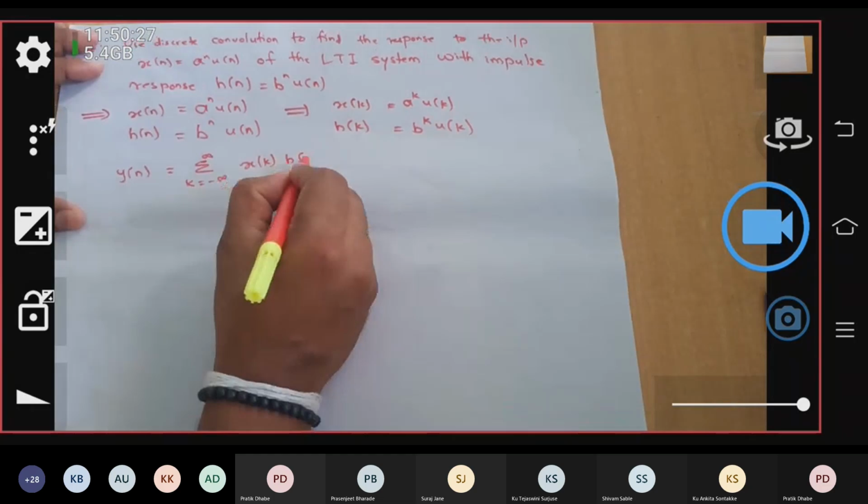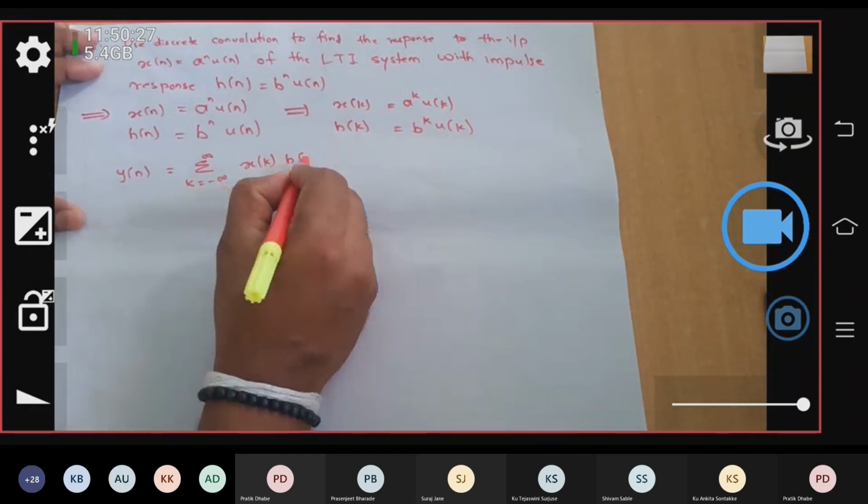Therefore you will get y of n equals summation k from minus infinity to infinity a raised to k u of k into b raised to n minus k u of n minus k. Simplifying this further, y of n equals summation k from minus infinity to infinity a raised to k, b raised to n minus k, and u of k into u of n minus k.